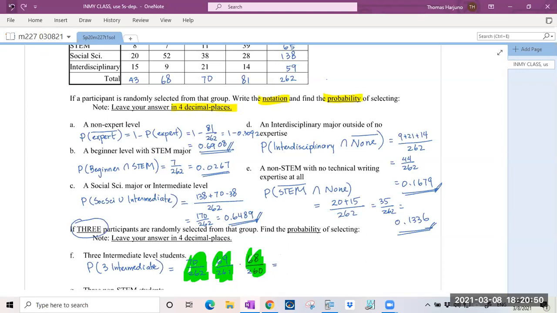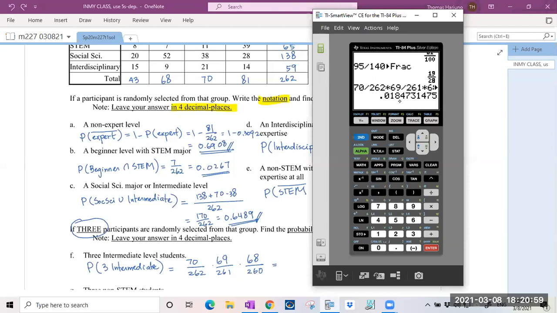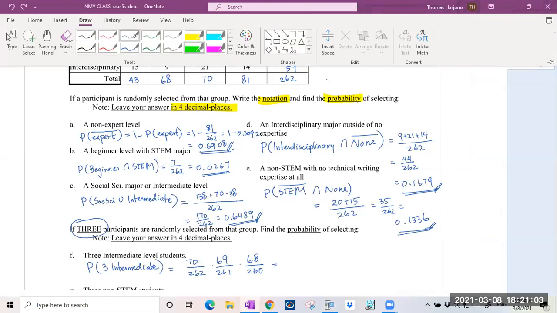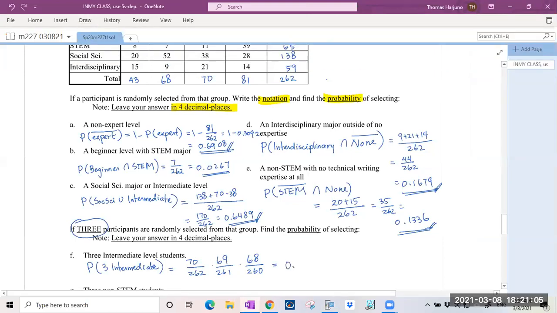Instead, we use the calculator. We just hit all those numbers in at once, and you will get 0.0185, right? 0.01847. So round to 4 decimal places, that's 0.0185.